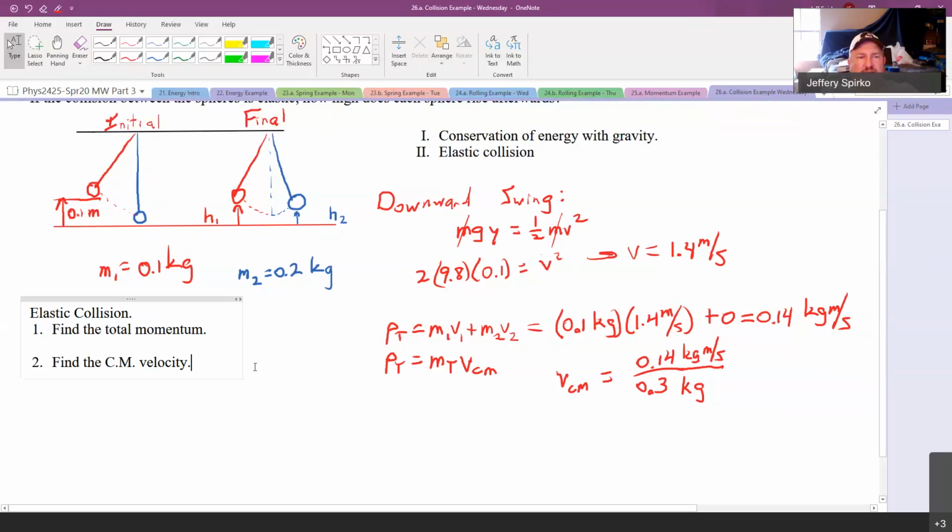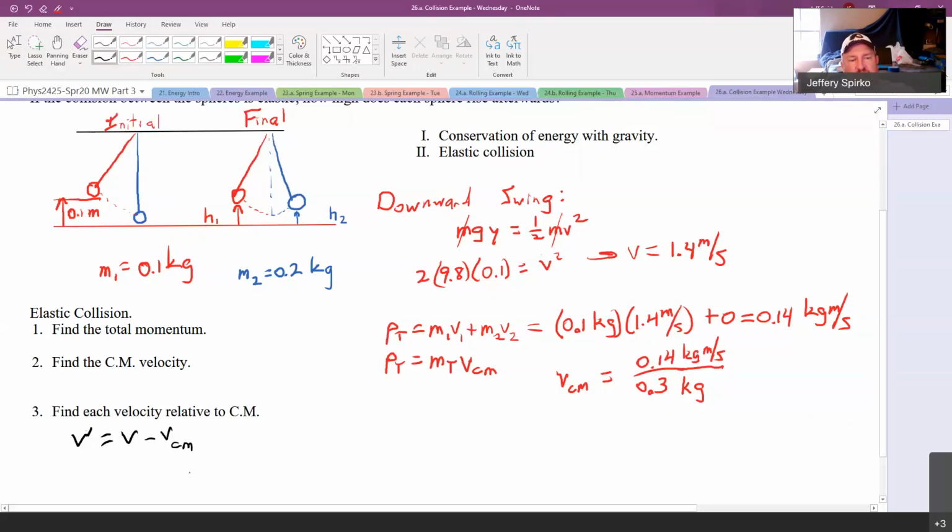So now is a weird part. We have to find each velocity relative to the center of mass. And the way we do this is a generic formula. V prime is equal to V minus V center of mass.